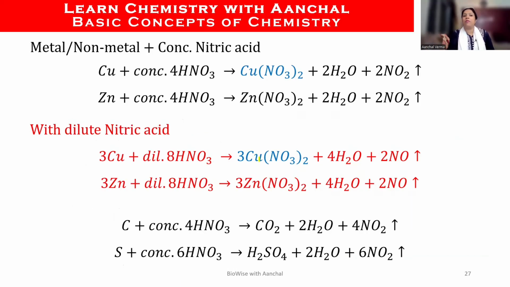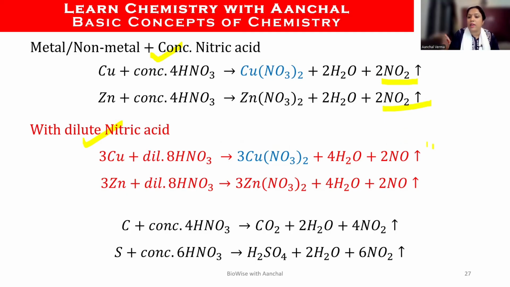Then you have metals and non-metals when they react with concentrated nitric acid. Now, concentrated nitric acid gives you a blue color solution, correct? Now, this blue color solution also releases the reddish brown gas. The only difference between concentrated nitric acid and dilute nitric acid is the formation of the gas.